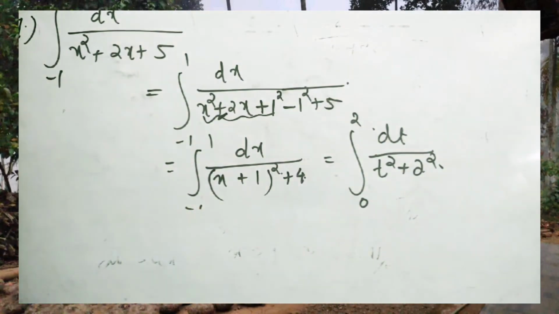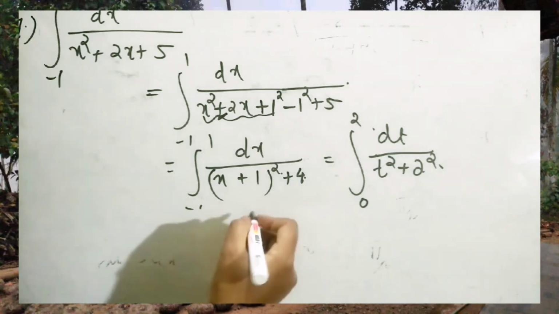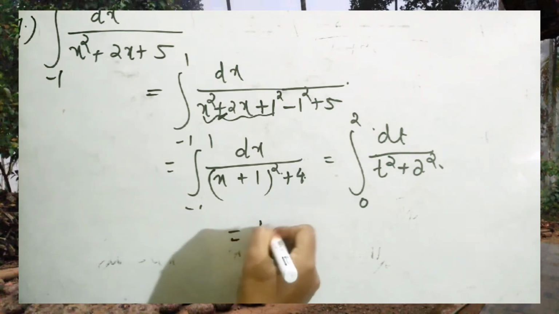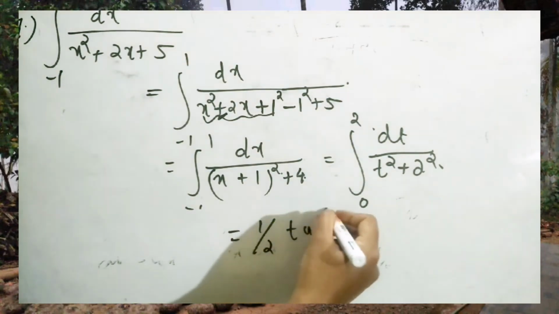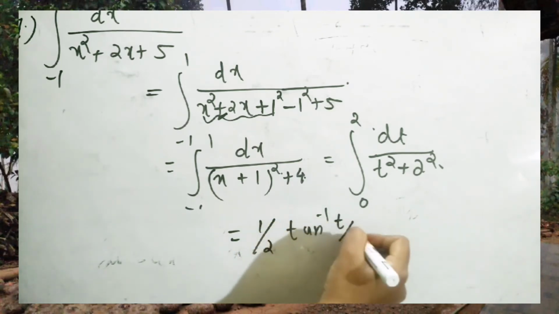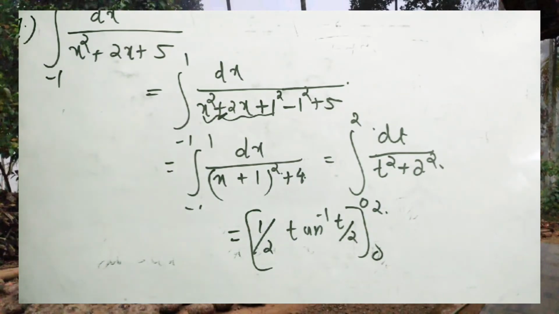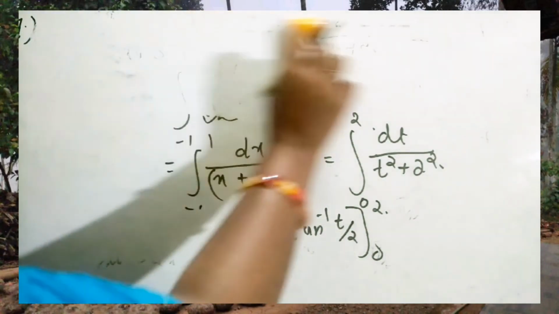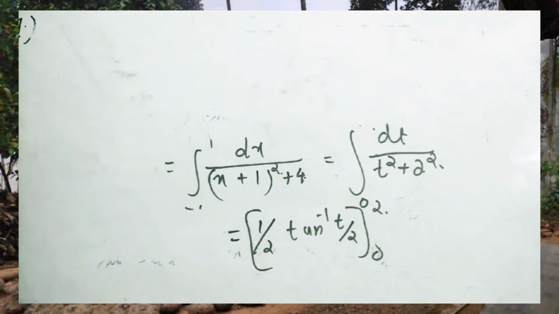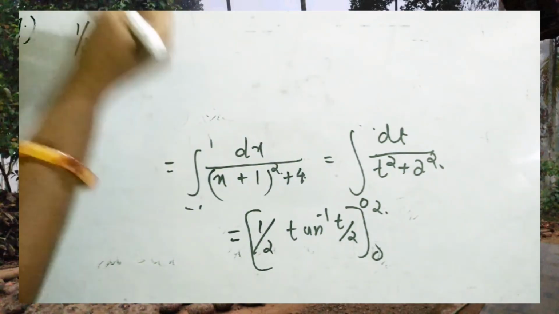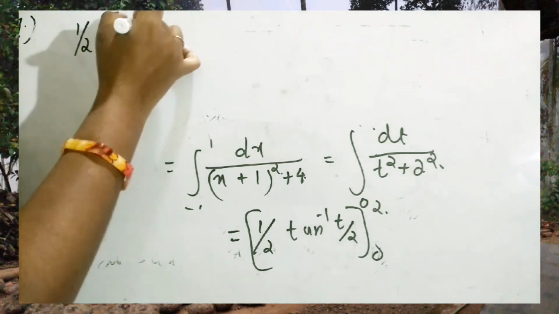That is of the form integral dx divided by x square plus a square, which we know is 1 by a tan inverse x by a. So this is 1 by 2 tan inverse t by 2 from 0 to 2. Now substitute t equal to 2 first, keeping 1 by 2 outside.